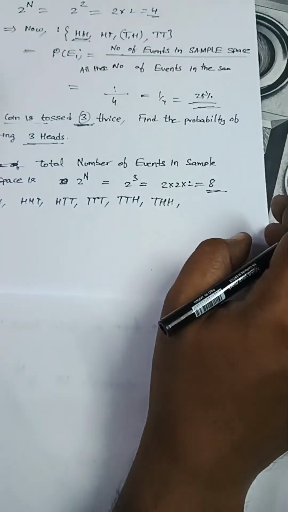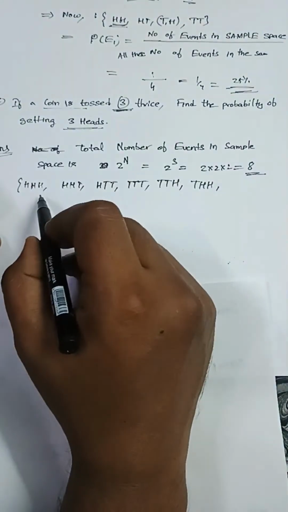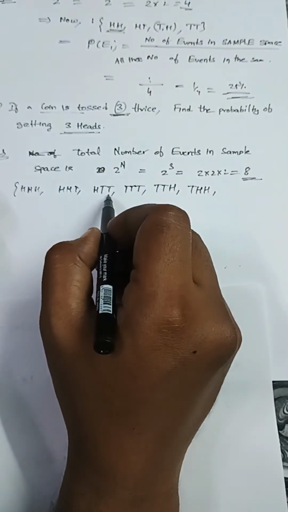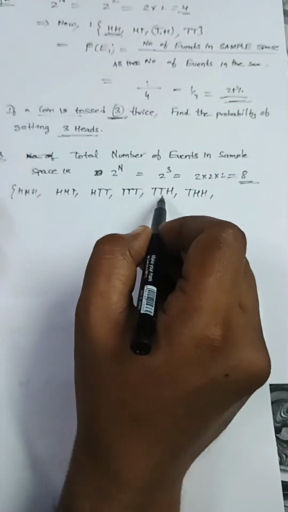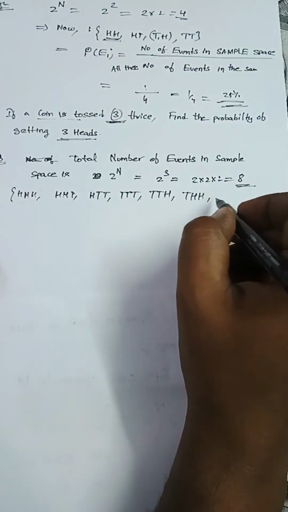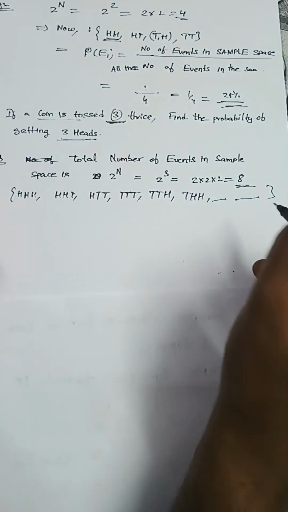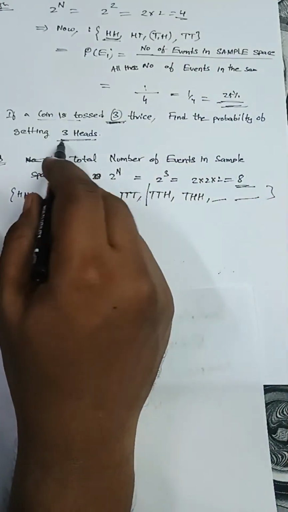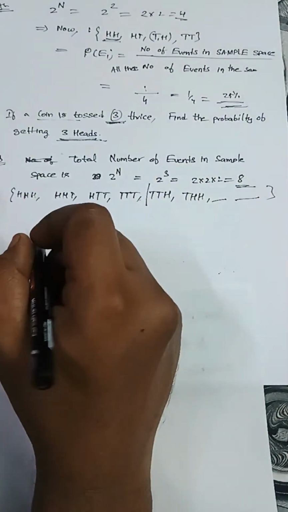Okay. So head, tail, tail, head, tail, head, and what are the else? What else are there? There are other 2 events that I might have missed. So the question is that there are only 3 heads which is asked.